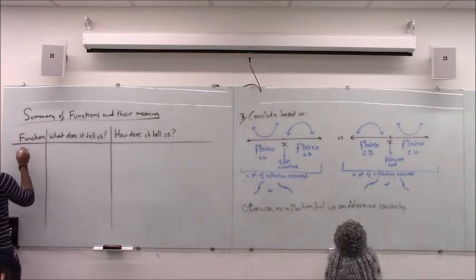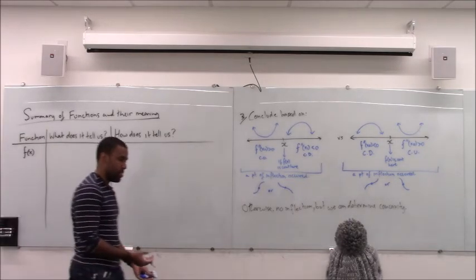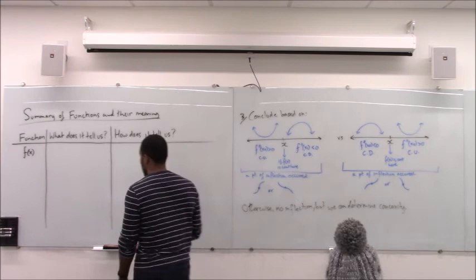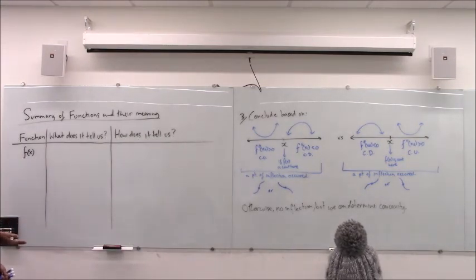So the first one is the original function, f of x. So I give you a random function. What information can that give you and how can it give you? Well, if I give you y equals f of x, what am I actually telling you? Well, I'm telling you, if you know a certain x value, use this formula to figure out the y value.